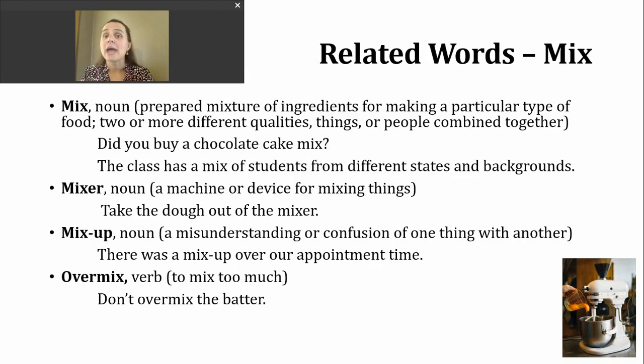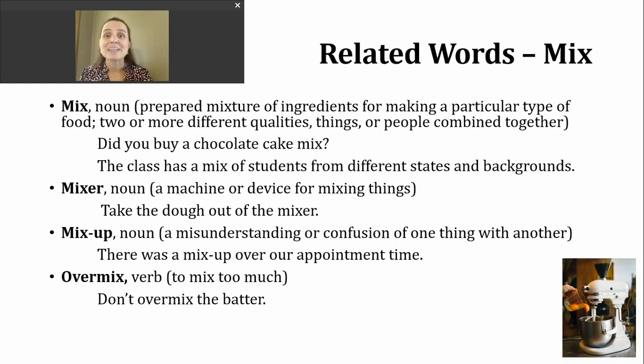Let's take a look now at some words that are related to our verb mix. And the first word we'll look at is the noun form, same spelling, same pronunciation. Just like our verb, it can have a couple different meanings. So one meaning for the noun mix is a prepared mixture of ingredients for making a particular type of food.